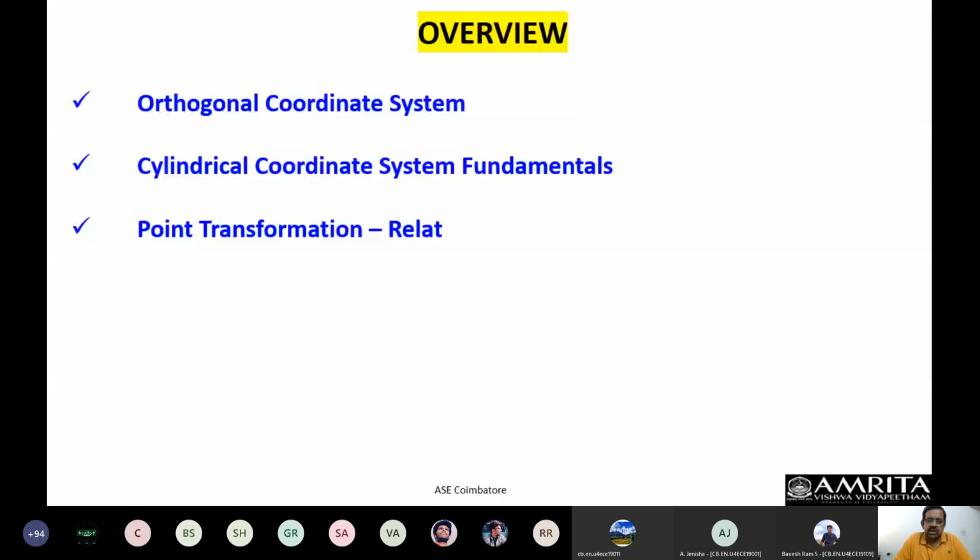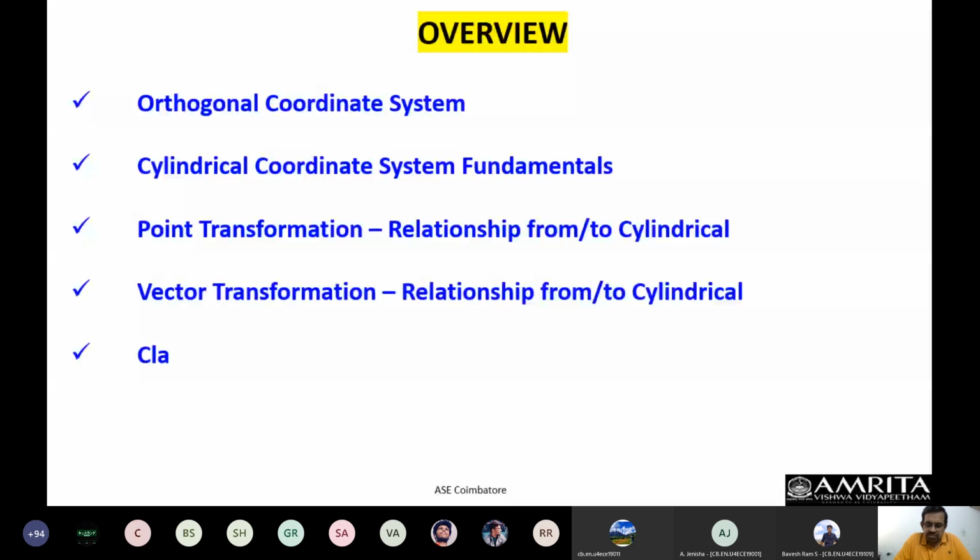There are several orthogonal coordinate systems, but the scope of this course is concerned with two of them, namely the cylindrical and spherical coordinate systems.